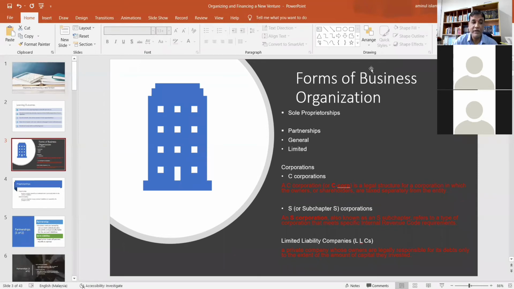Okay, so we'll be looking at all this in detail so that when we have a new idea, and we screen it and make it a commercial, viable, profitable venture that we'd like to start, then we need to understand the different forms of organization that we can choose.